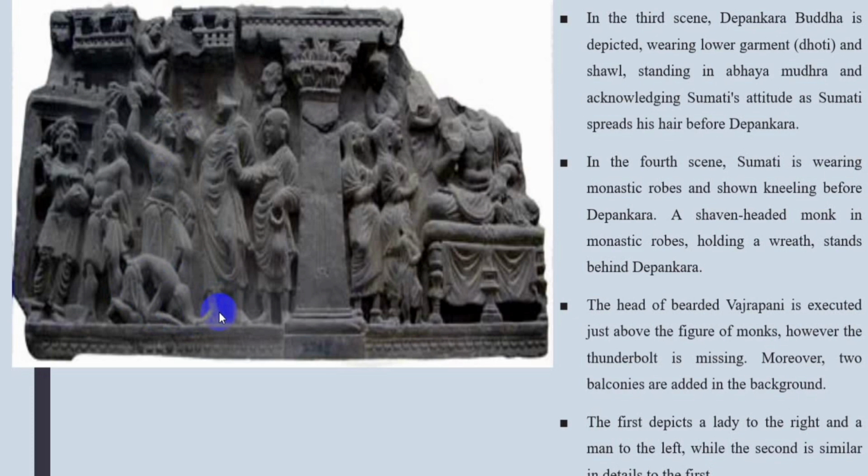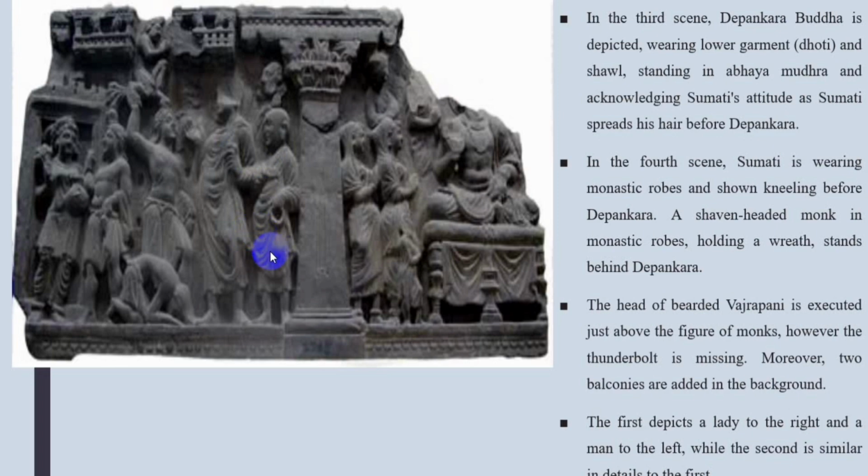And in the fourth scene, Sumati is wearing a monastic robe and shown kneeling before the Buddha. So this is the fourth scene in which you can see Sumati kneeling before the Dipankara Buddha. And this is a shaven-headed monk in monastic robe, and he is holding a wreath and stands behind the Dipankara Buddha.